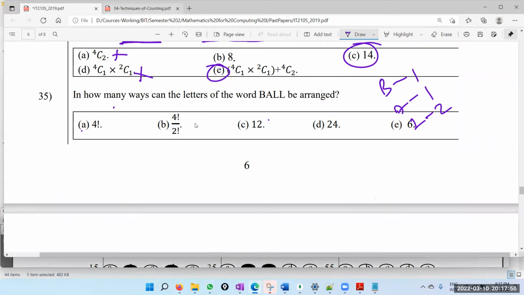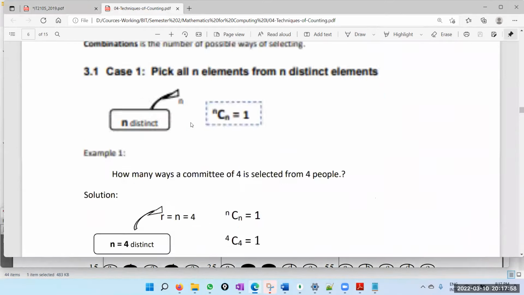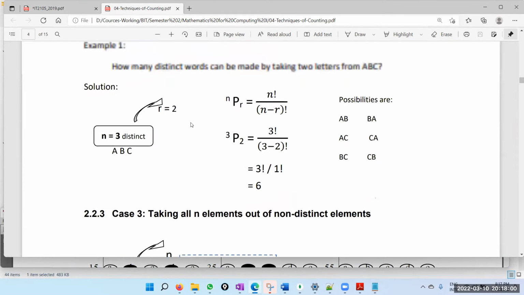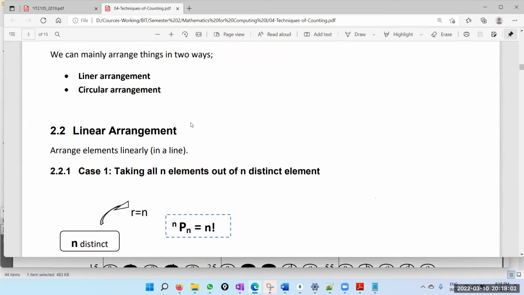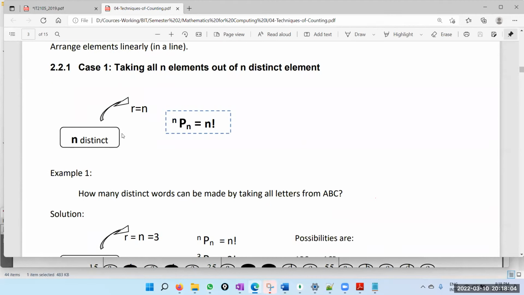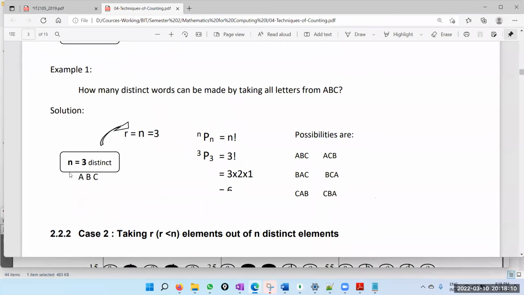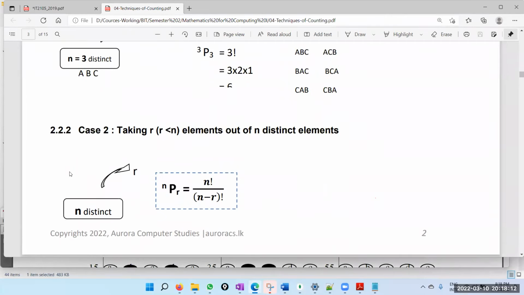So we have n elements. So what are the possibilities in permutation? We have n elements and we want to take all n. So then of course factorial n. Second one, we have n elements and we are going to take only r, which is less than n. How many ways we can arrange? NPR.